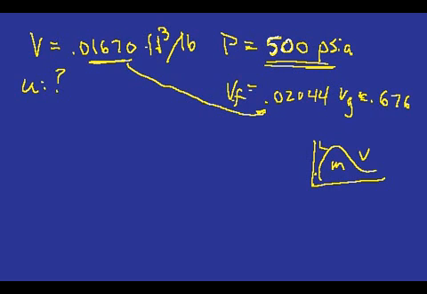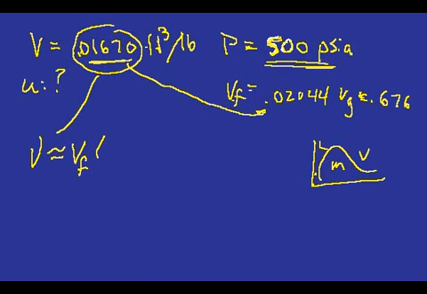So I've determined it's a liquid, but I don't have the temperature. So what you have to do is use this information and the fact that it's a liquid and approximate the temperature. We're going to say that V now is approximately equal to VF at some unknown temperature. So we have to find what temperature gives me a volume of 0.0167.